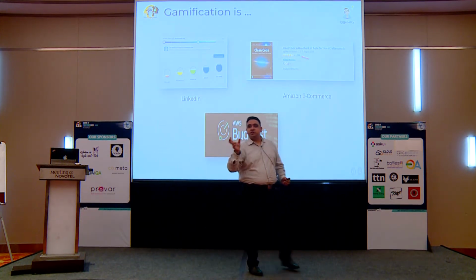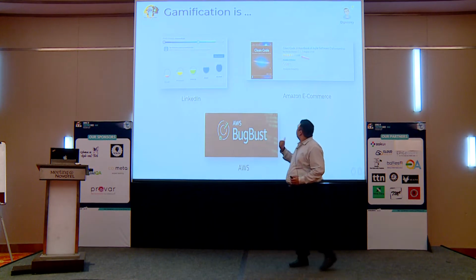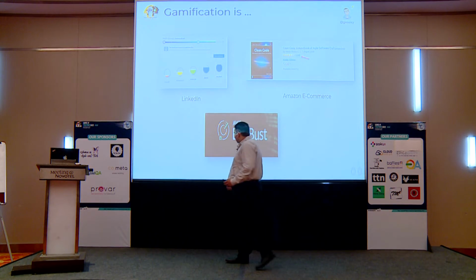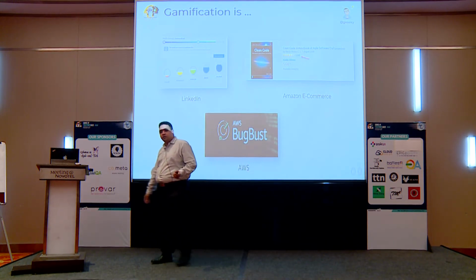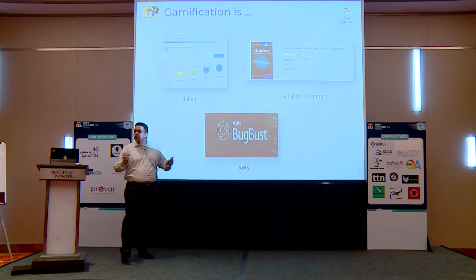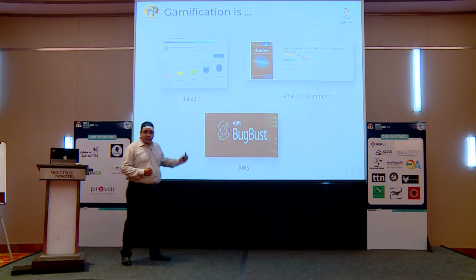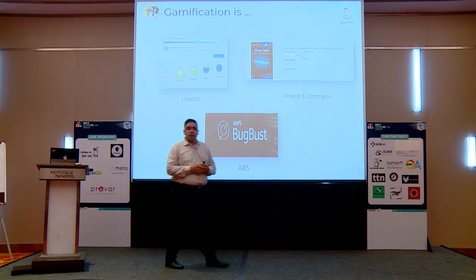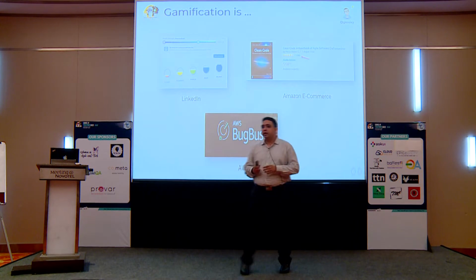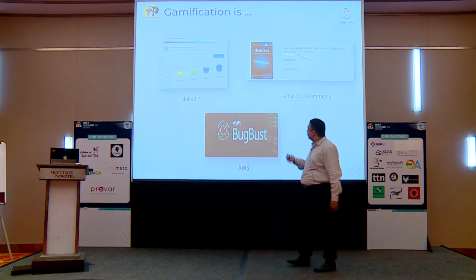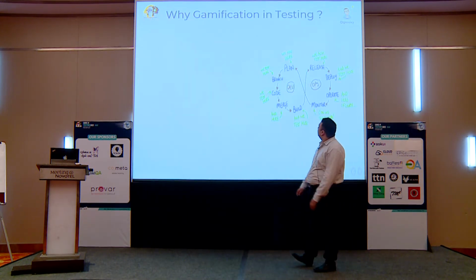It's trying to engage you, it's trying to persuade you into buying this book, right? AWS also recently launched AWS Bugfest last year, where they invited everyone to come in and test their product. So this was again to invite gamification and get feedback. We'll talk more about all of these soon.